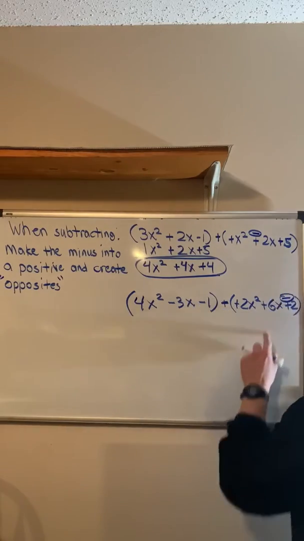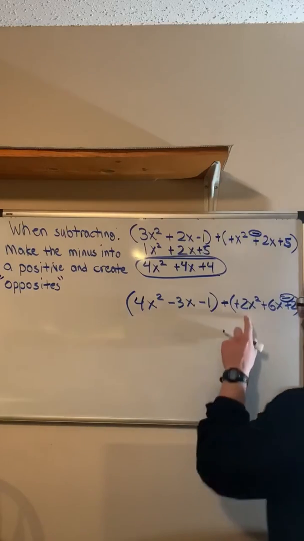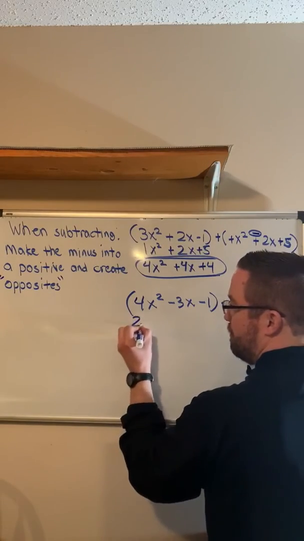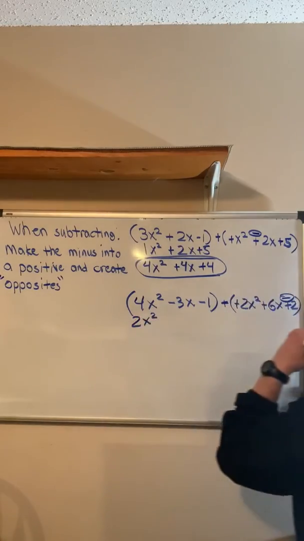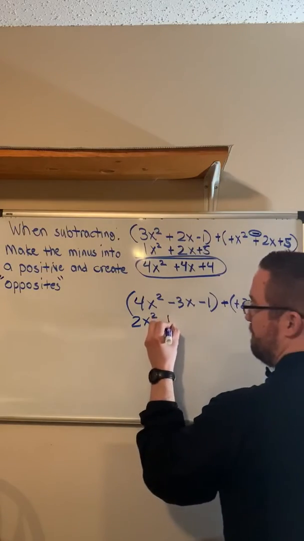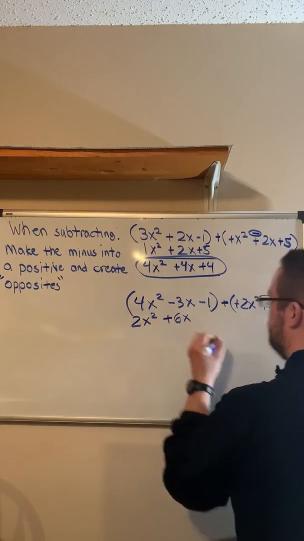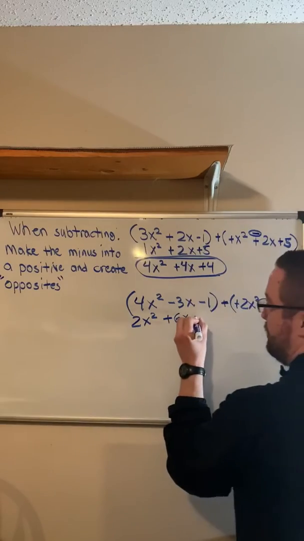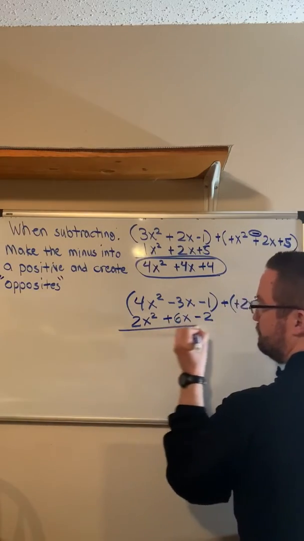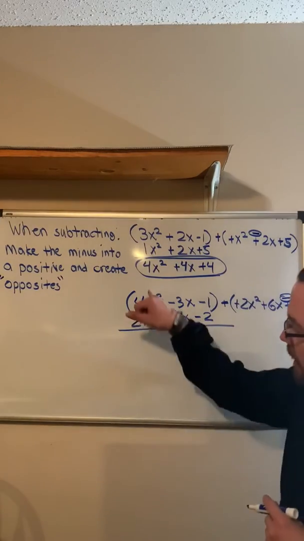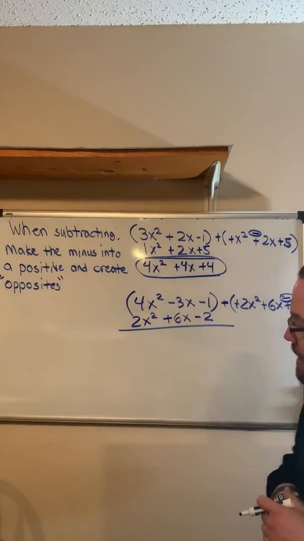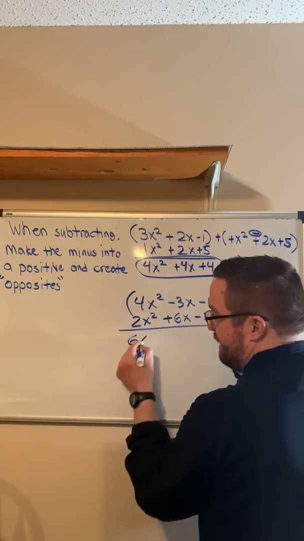So here I'm just going to bring everything over. 2x squared goes under 4x squared. 6x goes under negative 3x. And a negative 2 goes under negative 1. So 4x squared plus 2x squared is 6x squared.